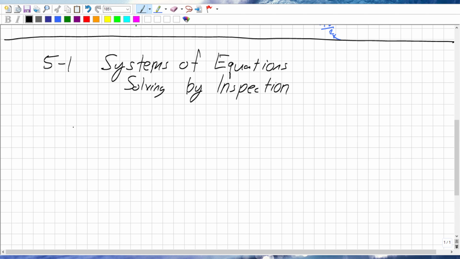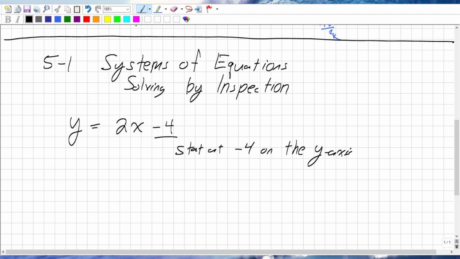Before we could kind of just go with, like, I kind of know what's going on. So for an example, if I saw y is equal to 2x minus 4, before I could just say we start at negative 4 on the y-axis. And then for the 2, I would say that we go up 2 and then to the right 1.